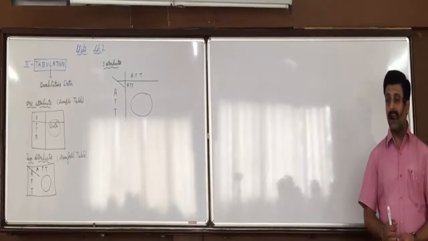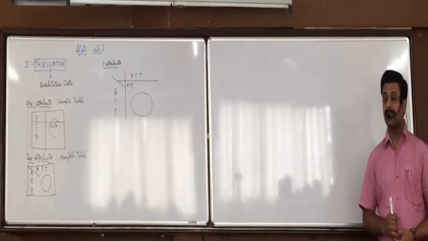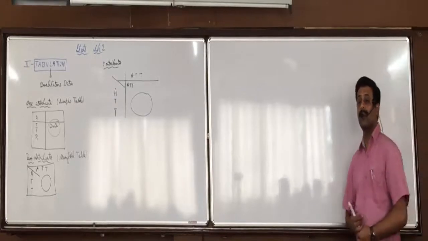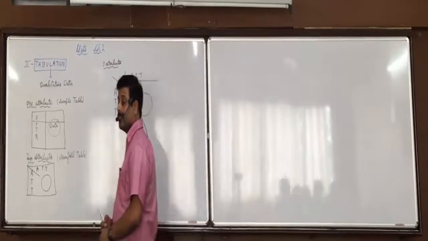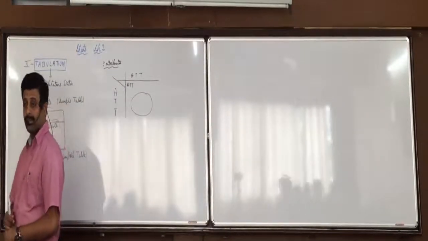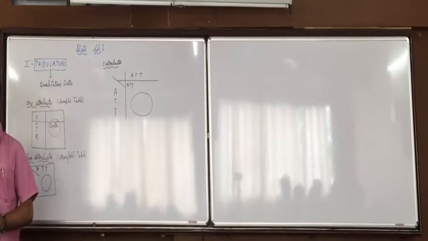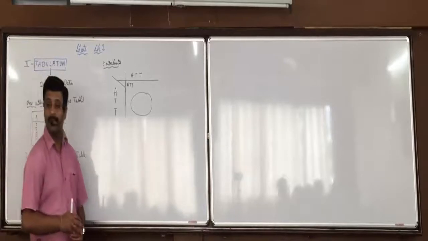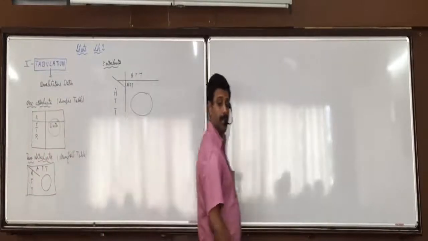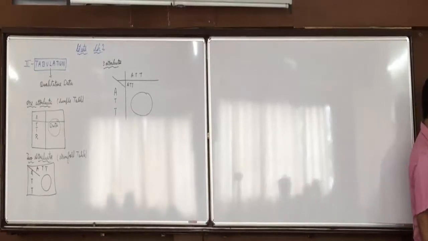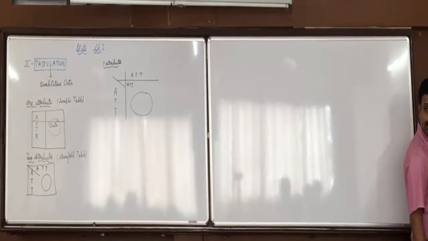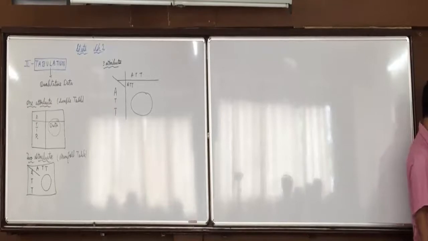Next paragraph. Table made on the basis of two or more attributes is called a manifold table. Are you okay with it?